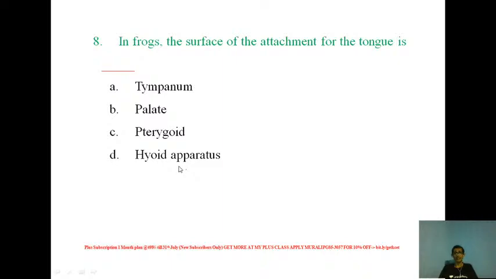The surface of attachment for the tongue in frog is the hyoid apparatus. In our case also, in the base of the buccal cavity, there is a U-shaped bone present. It is called the hyoid bone. So in the case of frog also, the tongue is attached to the hyoid apparatus.